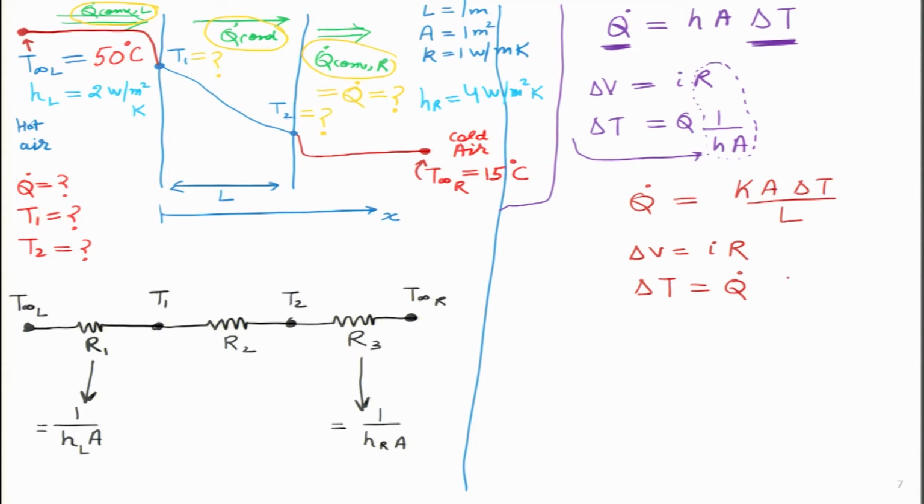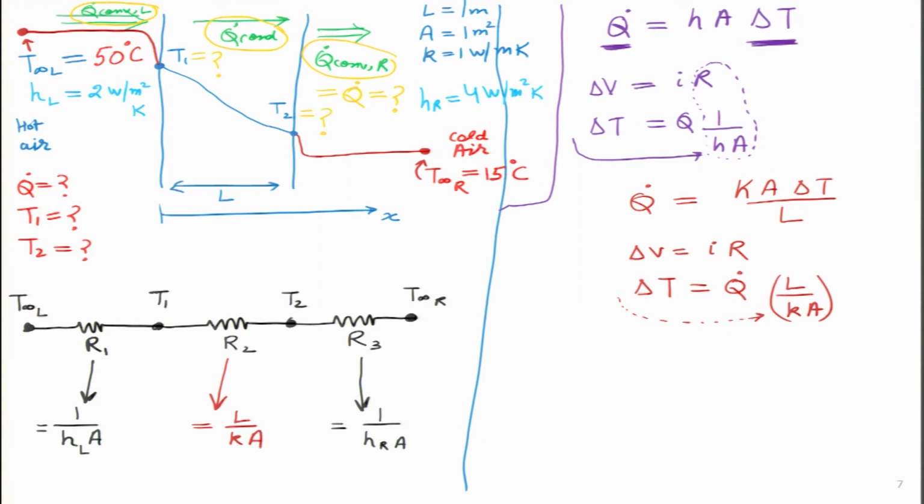So what remains is L divided by KA. How did I get it? I just brought it down from that side over here. With the help of these two equations, I can also write the value of R2 very easily, and it turns out to be simply L divided by KA.